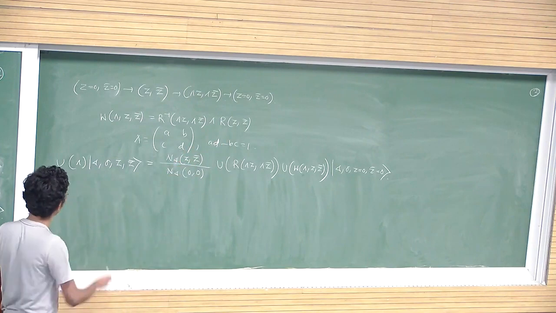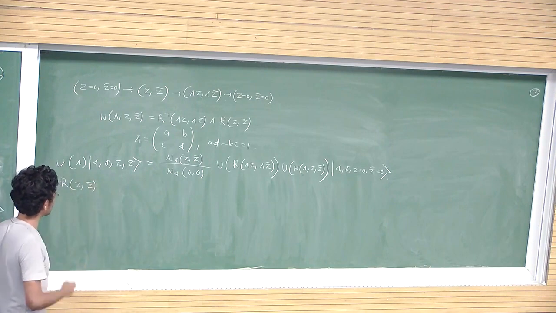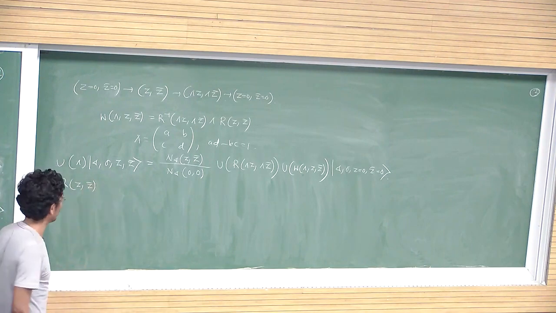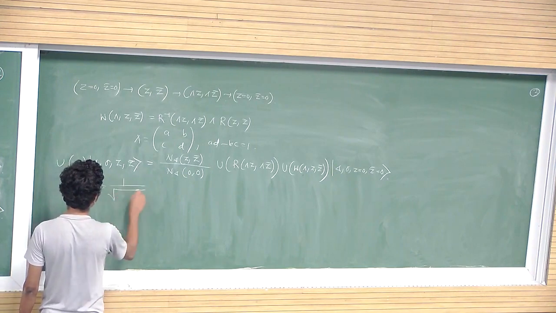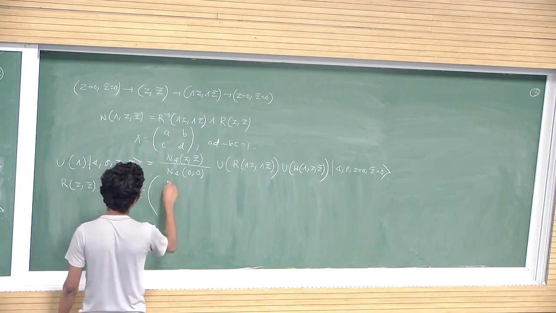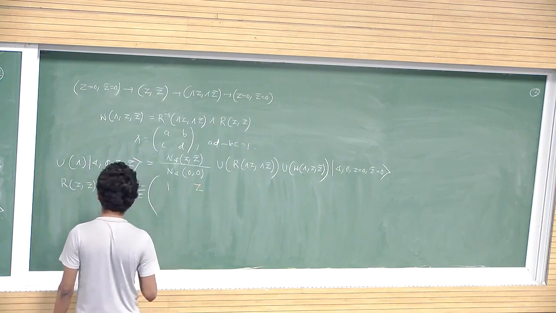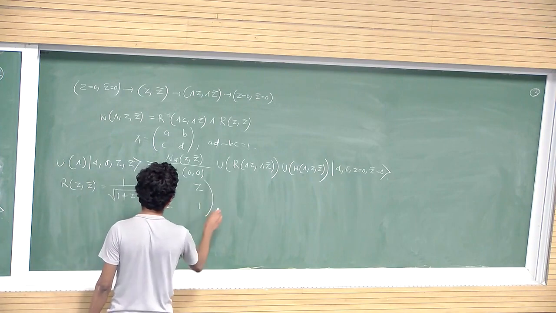Okay. So for example R of z bar is a rotation by an arbitrary amount of z bar. In matrix form it is like 1 over square root of 1 plus z bar, times the matrix 1, z; minus z bar, 1.